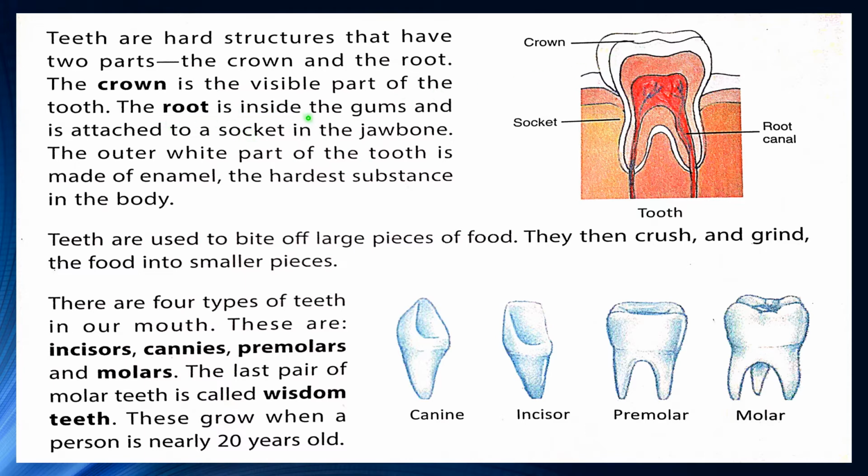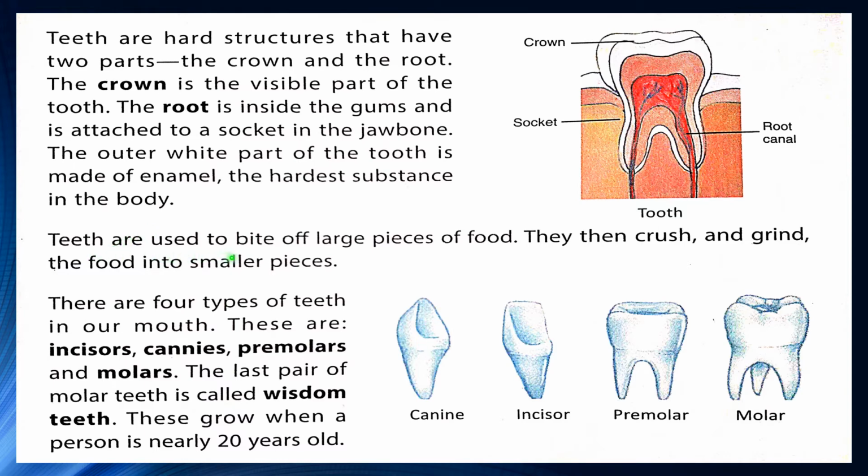The root is inside the gums and is attached to a socket in the jawbone. The outer white part of the tooth is made up of enamel, the hardest substance in the body. Students, enamel is the hardest substance in the body.